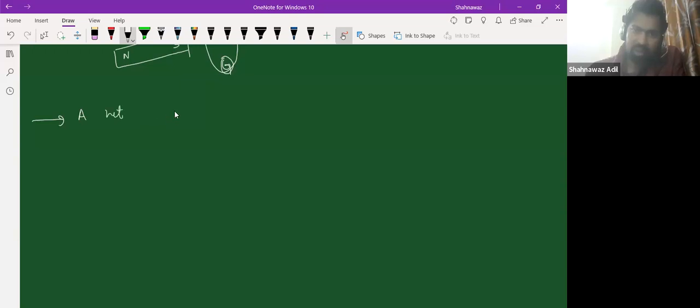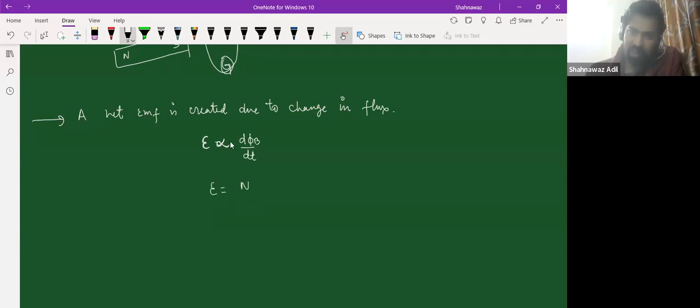A net EMF is created due to change in flux, right? And what did he give? He gave that this EMF would be directly proportional to the change in the magnetic flux. So we get minus n d phi by dt for n turns.